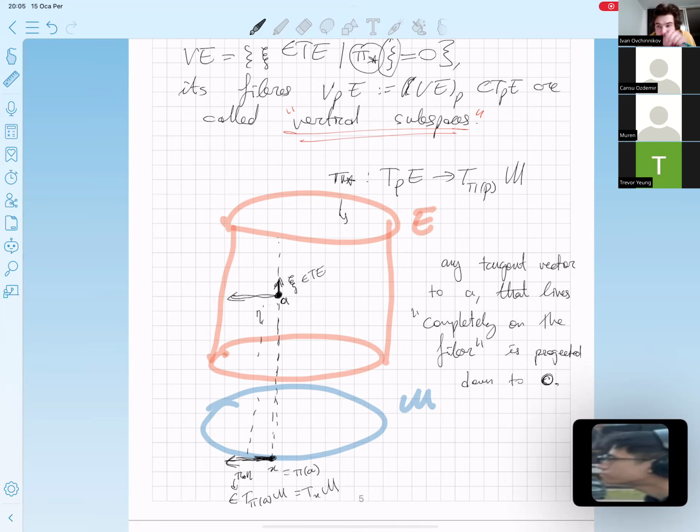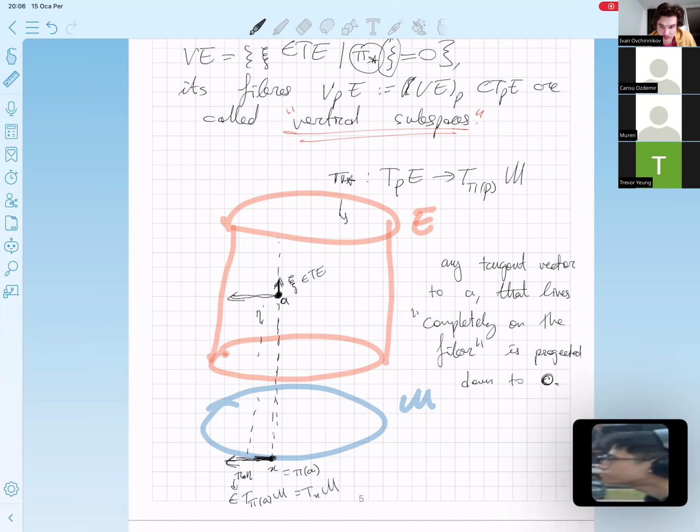Because it's not a vector, it just gets projected to X. You don't have the vector anymore. Okay. So this is the general thing. The general thing is called the vertical bundle. And if you look above every point, you will have the vertical subspaces, which makes sense.